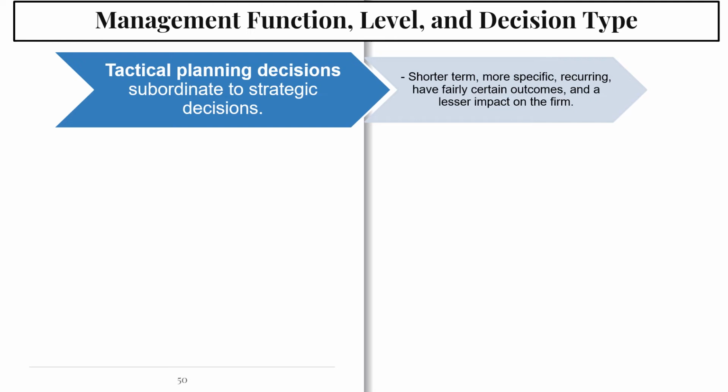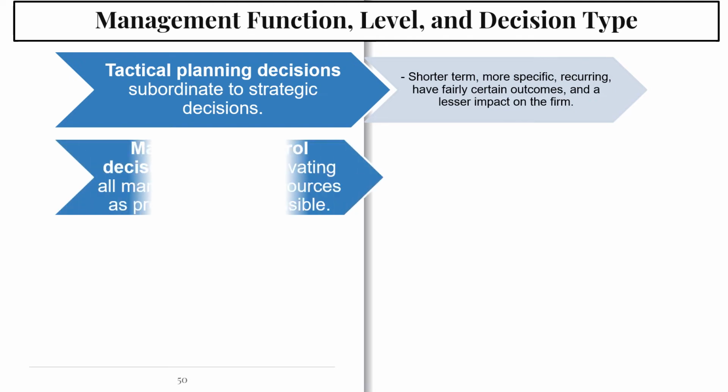They are more specific, not general, not based on uncertainty, and they are recurring, having fairly certain outcomes. They have a lesser impact on the firm, compared to the strategic decisions, which have a profound impact on all levels of the company.